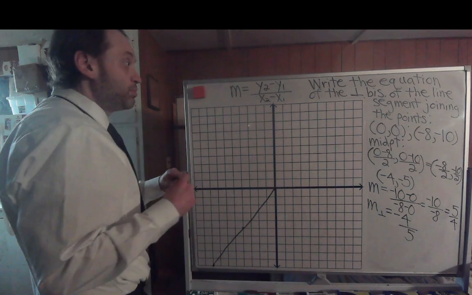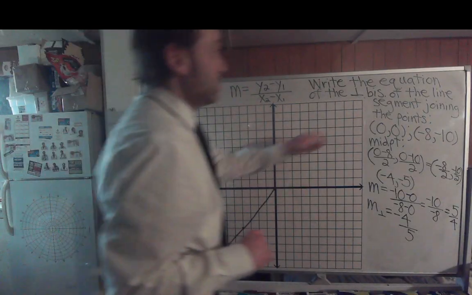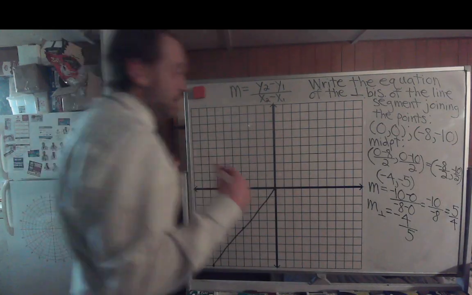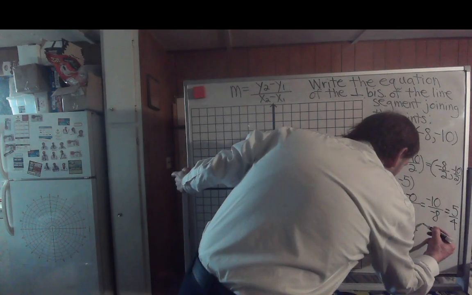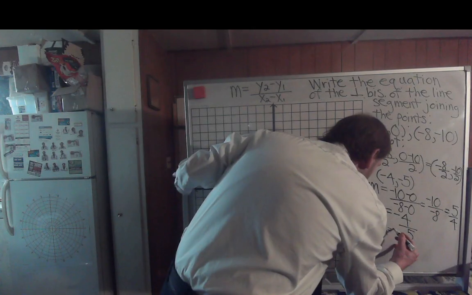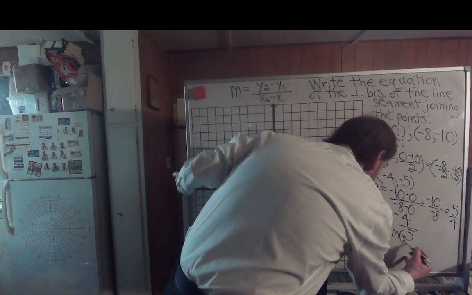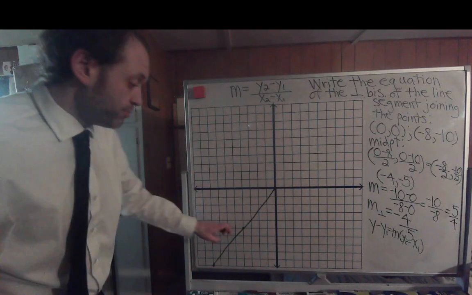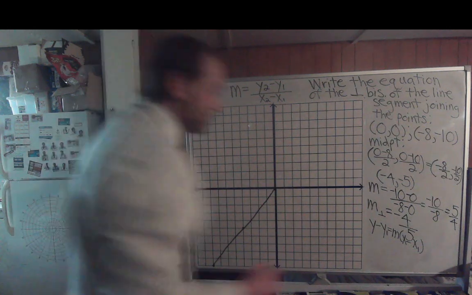Now for the final part, we got to find the equation of the line. That's going to be, if you remember, y minus y1 equals m times x minus x sub 1. That's your point slope form. So now take your point slope form where the midpoint of the line is negative 4, negative 5.